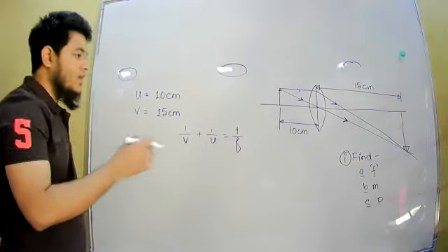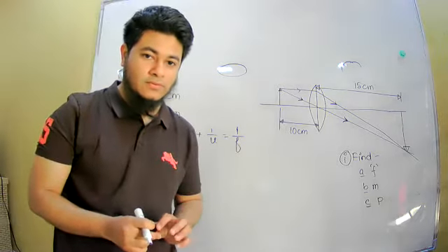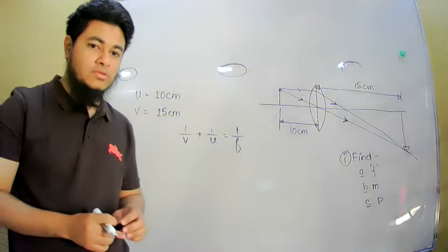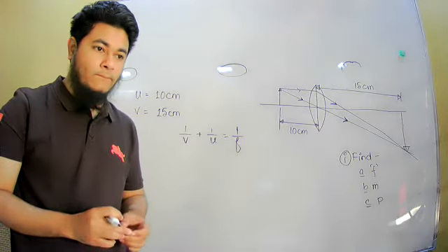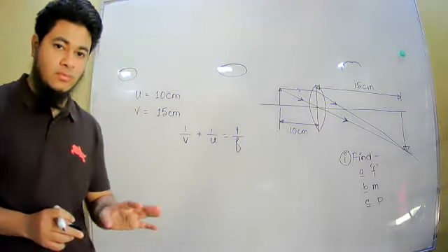Now, before we actually find the focal length, can you guess whether it will be positive or negative? F, will it be positive or negative? I saw positive. Mahmoud raised his hand. Positive, no problem.